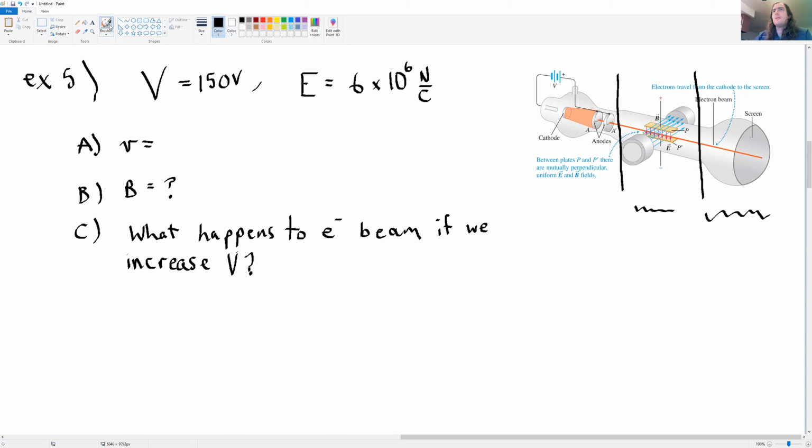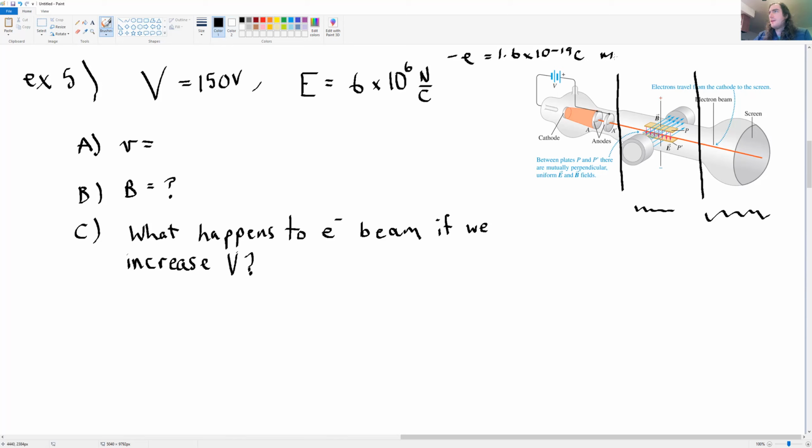Maybe I can help out a little bit. If you want to know the velocity, by the way, maybe there's some other information you need to know, right? These are electrons, so the charge is minus e, 1.6 times 10 to the minus 19 coulombs.